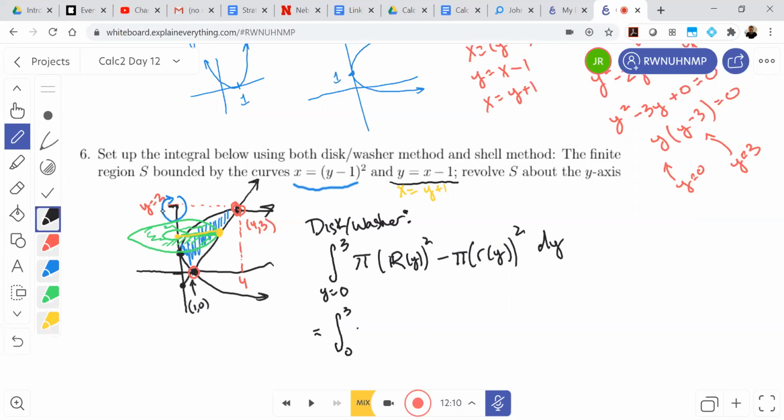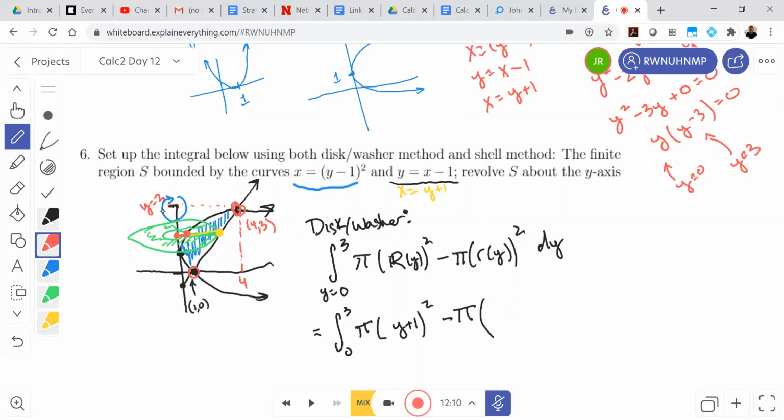So we get pi times that bigger radius, y plus 1 squared, because that is the x value corresponding to the y, and then minus pi times our smaller radius squared. And our smaller radius is going to be this tiny distance here drawn in red, right? Specifically from the y-axis up to this sideways parabola.